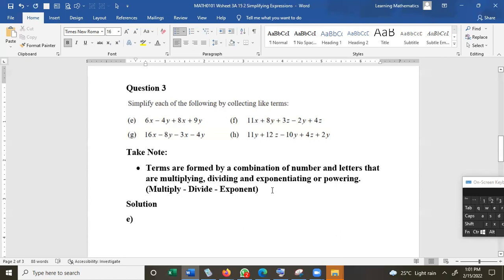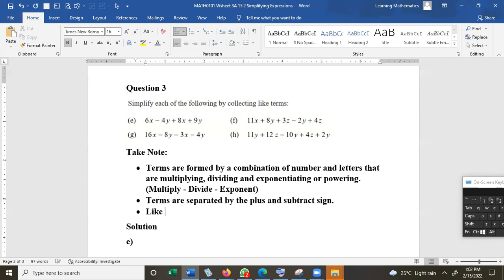Okay. Terms are separated by either plus and subtract sign. Okay. So terms are separated by the plus and subtract sign.